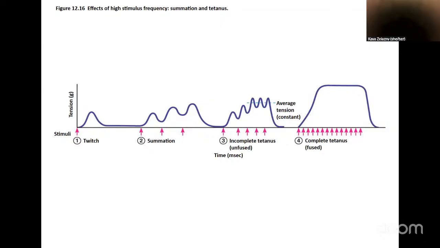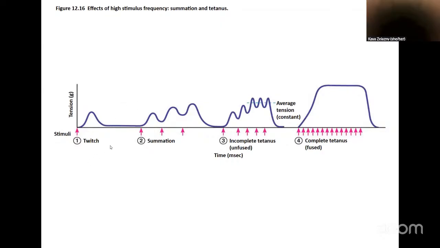So this is a little bit like when we talked about graded potentials in our neurons, right? So a single twitch is a response to a single stimulus, right? But if you have multiple twitches in a row, if you don't give enough time for the muscle to fully relax in between, like we saw in the first graph with the treppe, we saw full relaxation between our twitches.